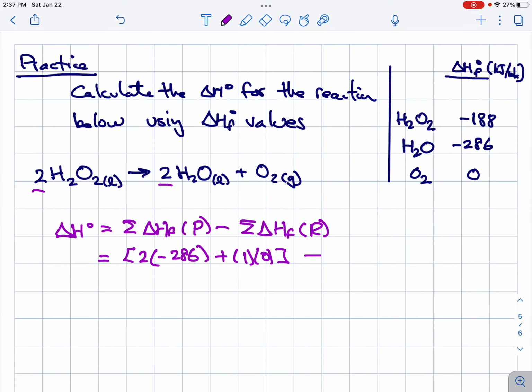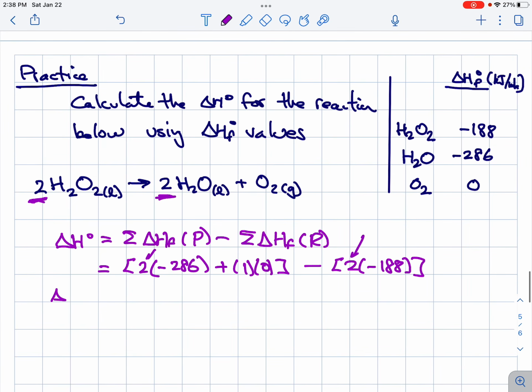So, all right, minus reactants. We only have one reactant here, so that's fairly easy. 188. Just remember to multiply that by 2, because you've got a 2 out here, this 2 from the 2 for the water. Okay? All right, simplifying here, this is where that delta Hf being 0 for oxygen is kind of handy.